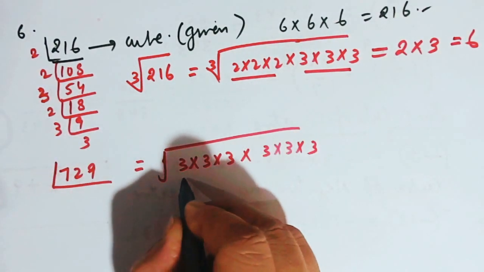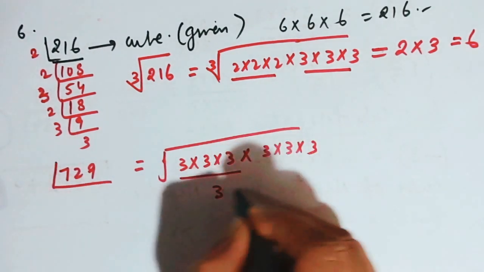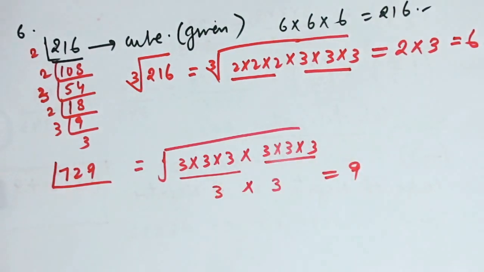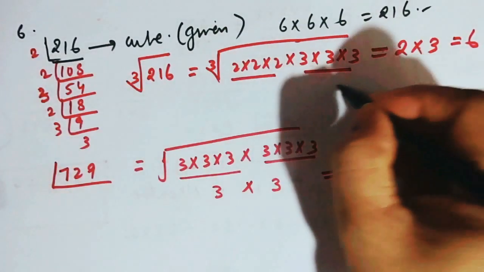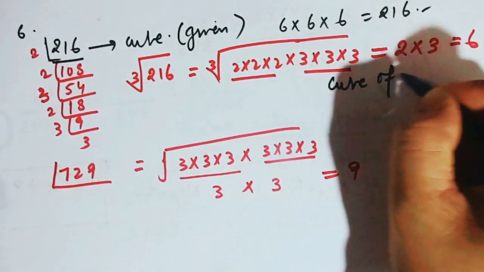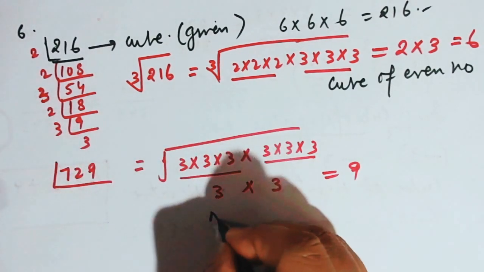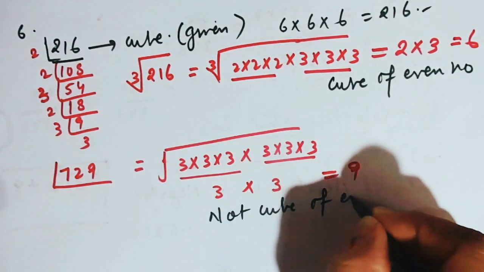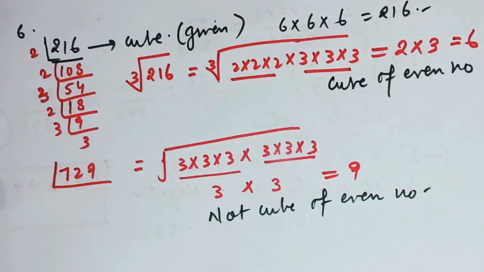Oh my God, have a look. You will take one from here and extract one from here and you will get 9. So here you can say that 216 is a cube of an even number, but this is not a cube of an even number.